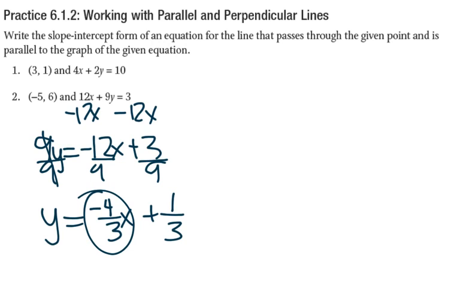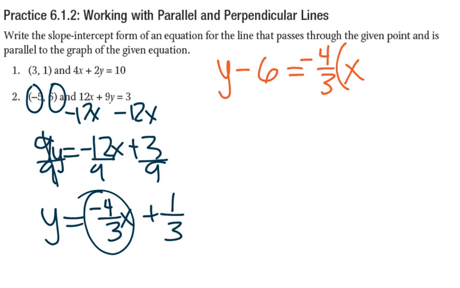I need that slope. I need my x and my y. And then I go y minus my y value, 6, equals my slope, negative 4/3 times x minus my x value. That becomes plus. Multiply, we get negative 4/3 x.